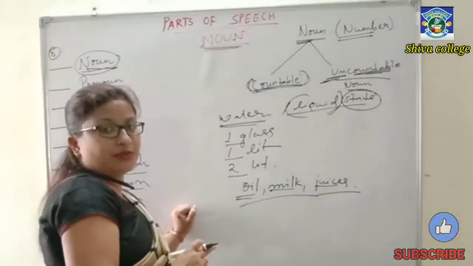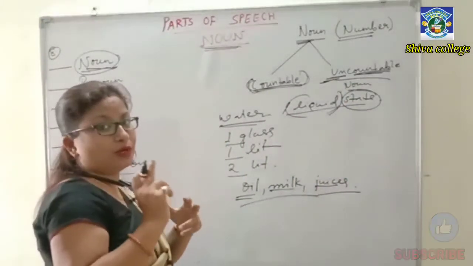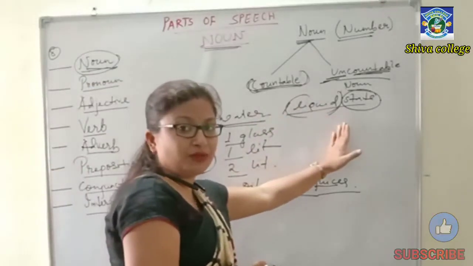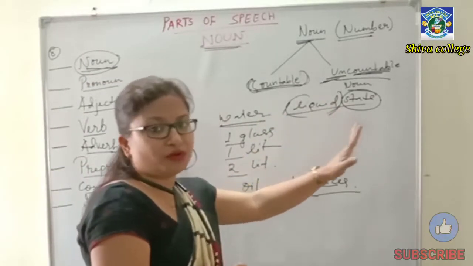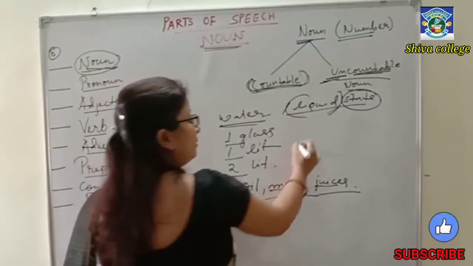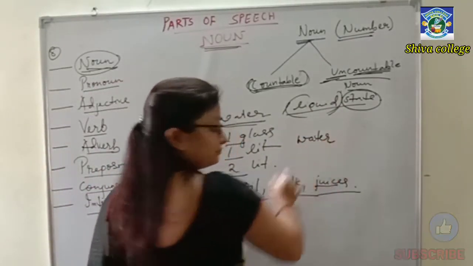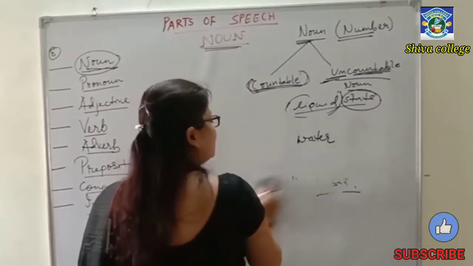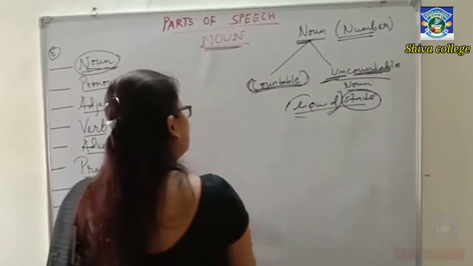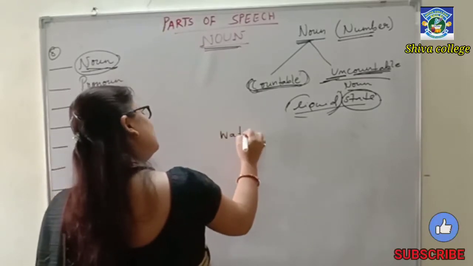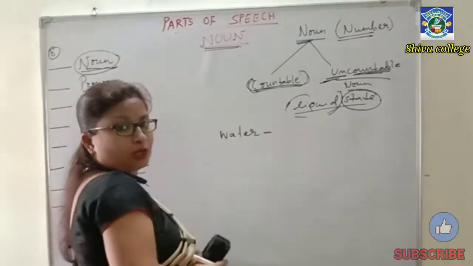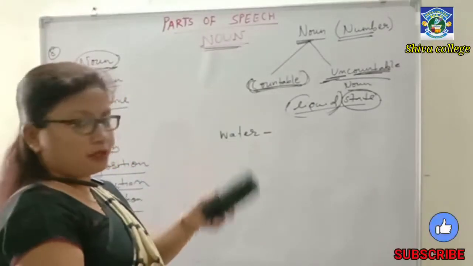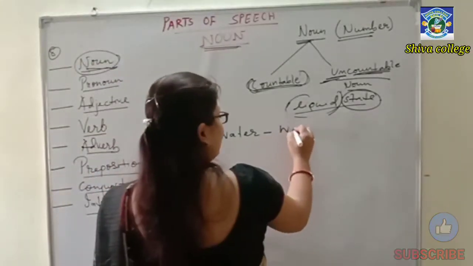In countable nouns, we have seen that the word must have its plural form. But in uncountable noun, you will not get the plural form of the words. For example, water. Will you get the plural form of water? What is the plural form of water? We will not get any plural form of water. Water is water. So, you will write water.